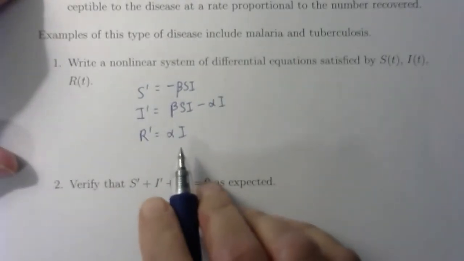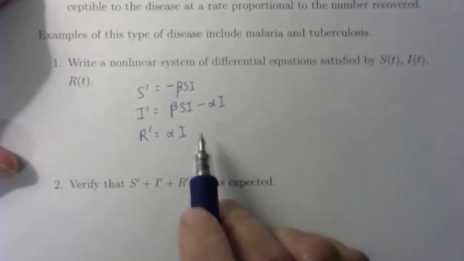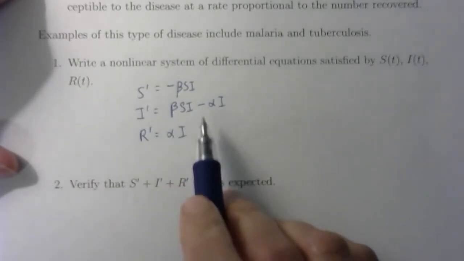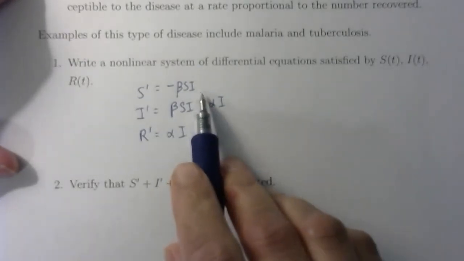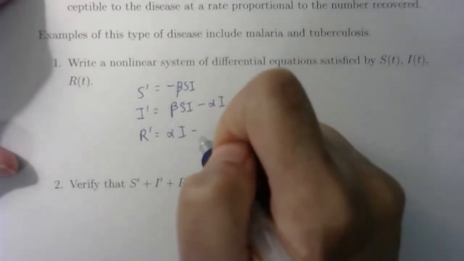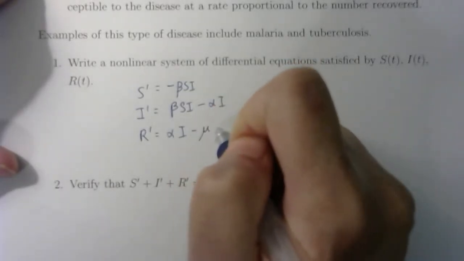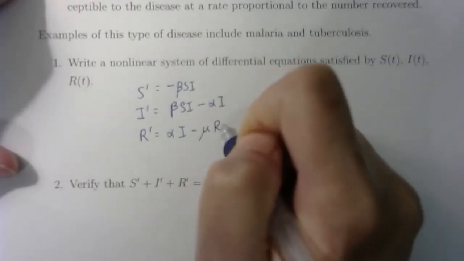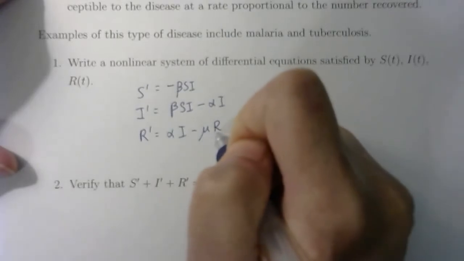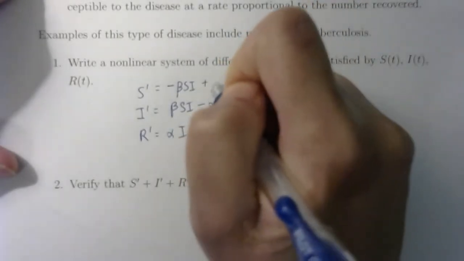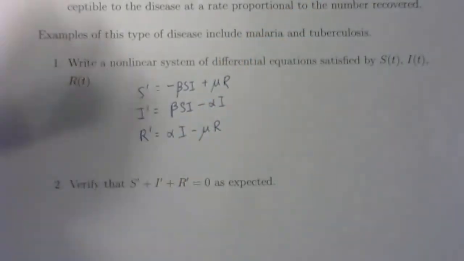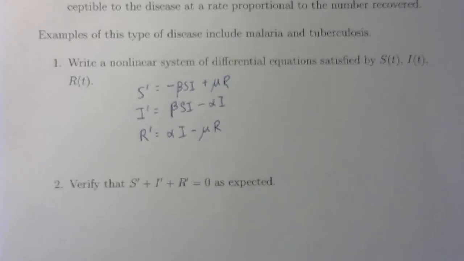The way that you stop being recovered is that some proportion of the recovered individuals become susceptible again, right? So let's say minus mu R in the R equation, where mu is the proportionality constant, and I'm going to add those individuals back upstairs in the S equation. So that number of individuals becomes susceptible again.